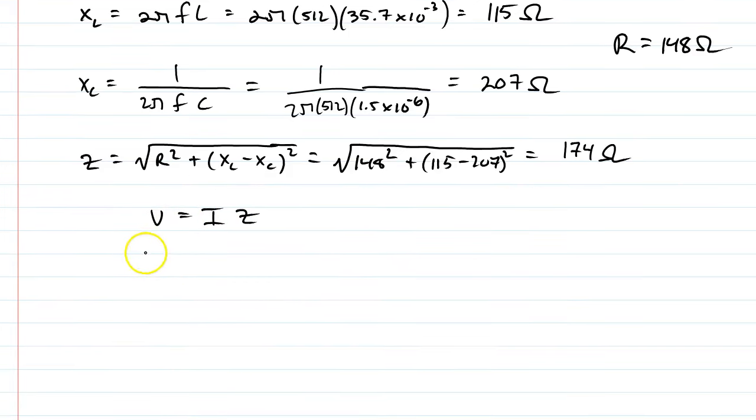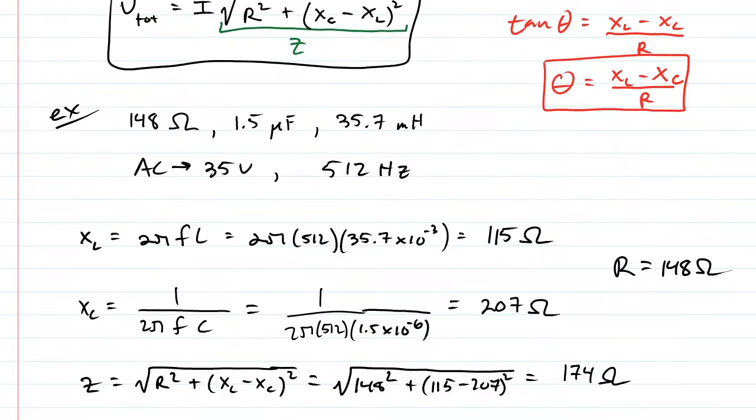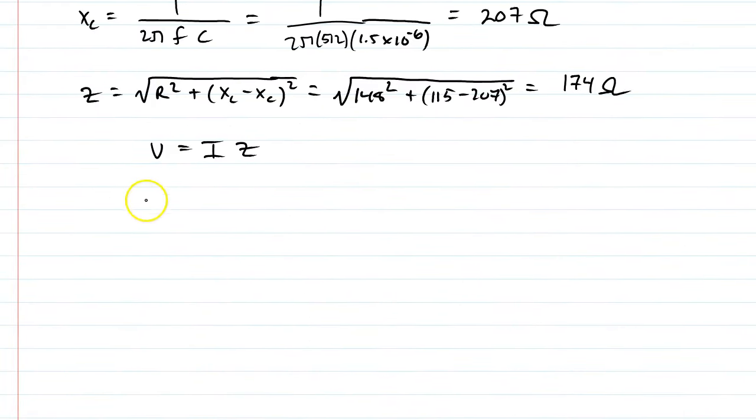So we're going to have a voltage of, and in this problem we have 35 volts. We want to know the current, and we know the impedance is 174. If we divide both sides by 174, I'm getting 0.201, or about 200 milliamps.